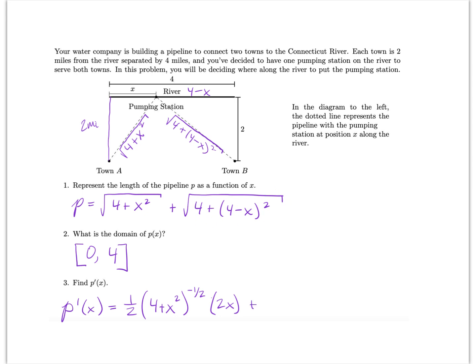I'm going to have 1/2 times 4 plus 4 minus x squared to the negative 1/2, and then times the derivative of the inside, which is, because the derivative of 4 is 0, I just have to take the derivative of 4 minus x squared, bring down the 2, times 4 minus x to the first times negative 1.